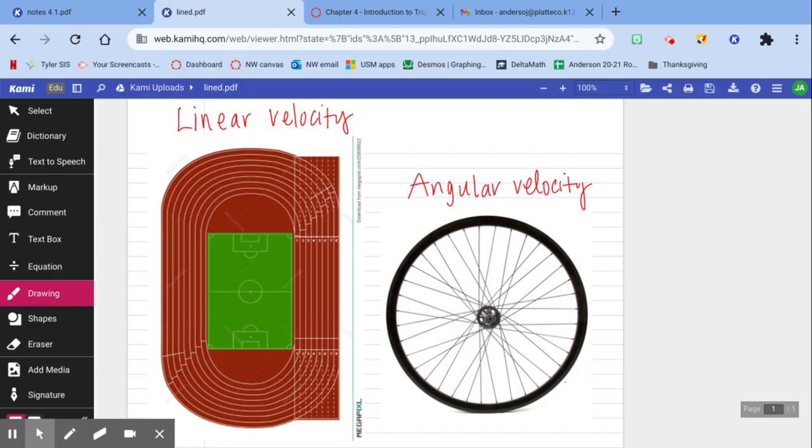What I like to think about is you are on a track. Let's think of this as a circular track, and you're in lane 1 and someone else is in lane 6. As you begin to run around the track, it is going to take the person in lane 6 a much faster speed in order to keep up with the person in lane 1.